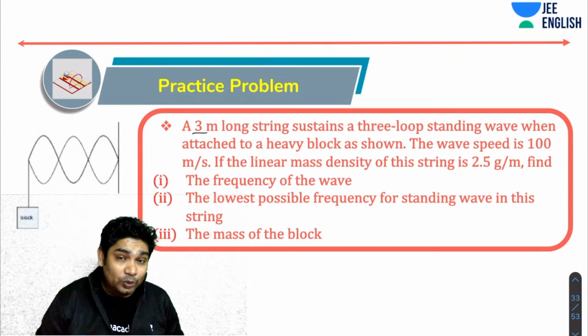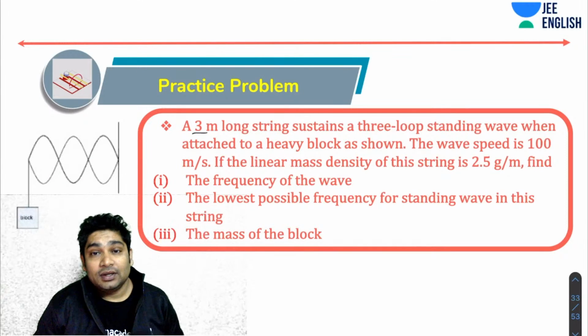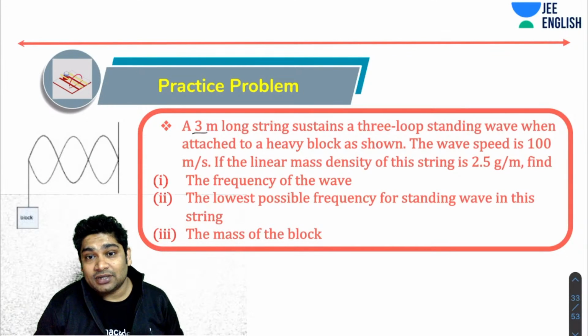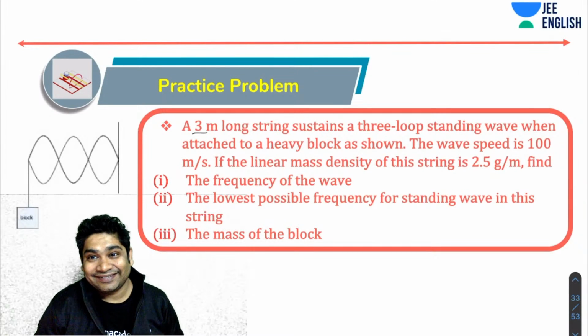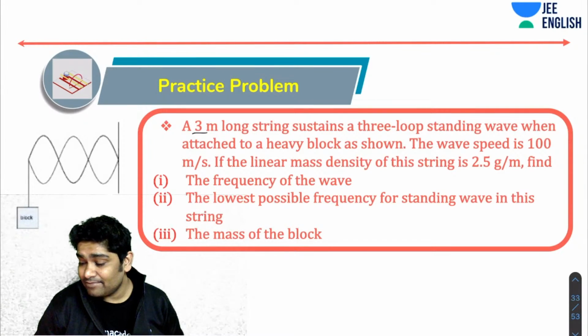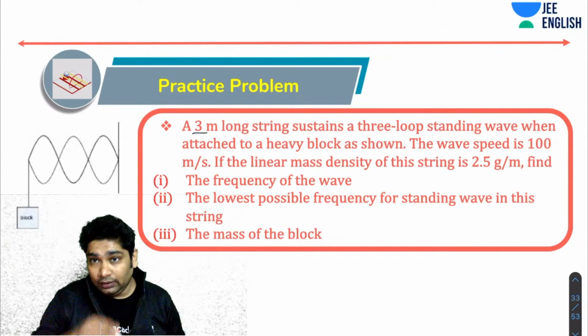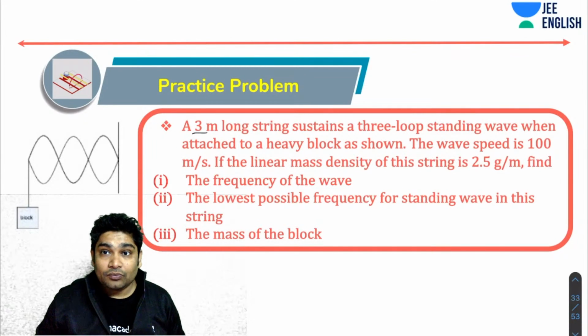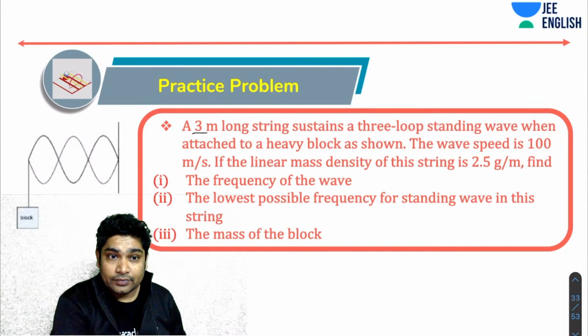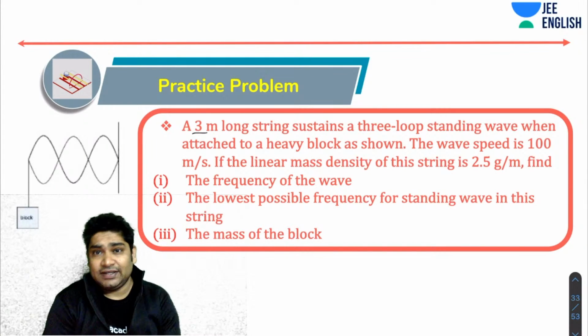For n number of loops, if you remember, the frequency would be n times the fundamental frequency, correct? So this should be easy. This should be super easy.